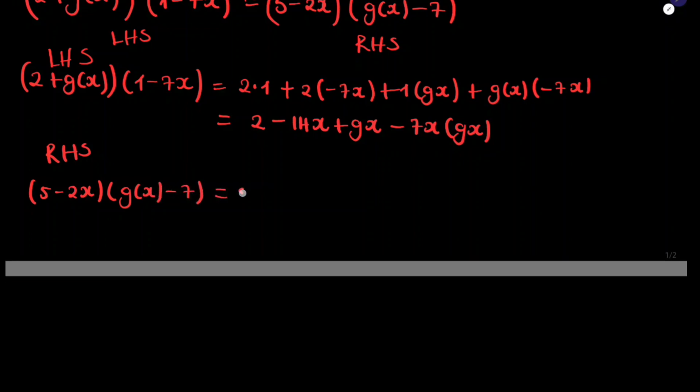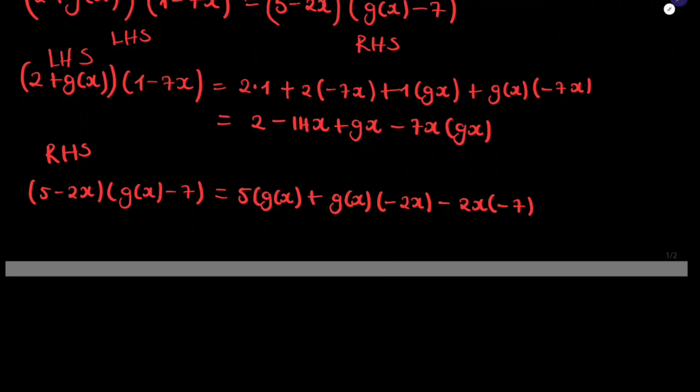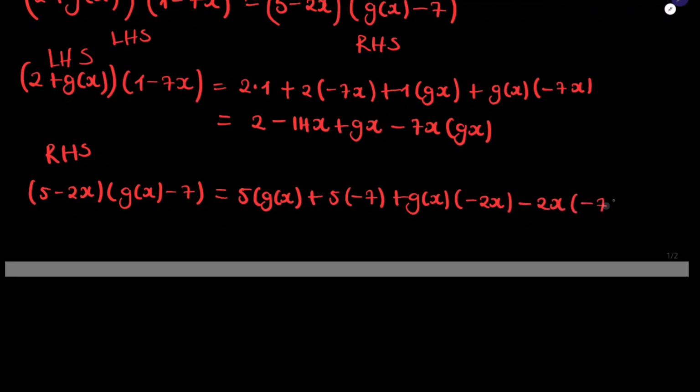So this is equal to 5 times g of x, plus 5 times minus 7, plus g of x times minus 2x, and finally minus 2x into minus 7.